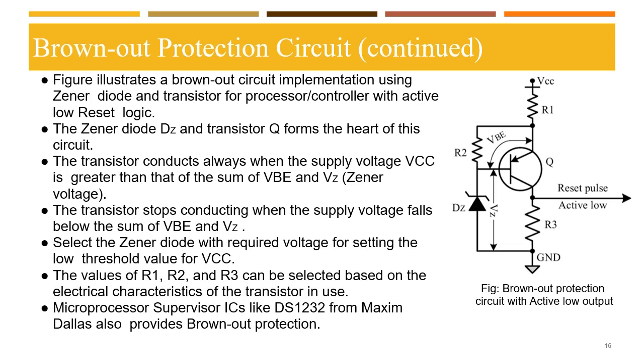So we have to select the Zener diode with the required voltage for setting the low threshold value for VCC, and we can select the values of R1, R2, R3 on the basis of the electrical characteristics of the transistor we are using in the circuit. Microprocessor supervisor ICs like DS1232 from Maxim Dallas also provide this brownout protection.